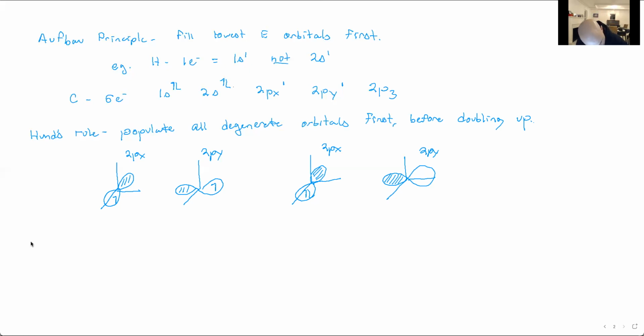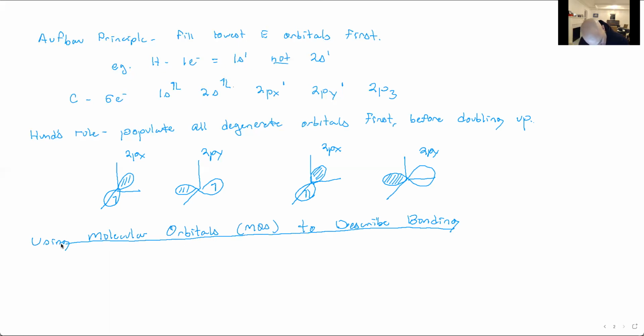In order to understand what we're doing, I just need to mention the wave function, and this will be one of the last times that we're going to really talk about this.